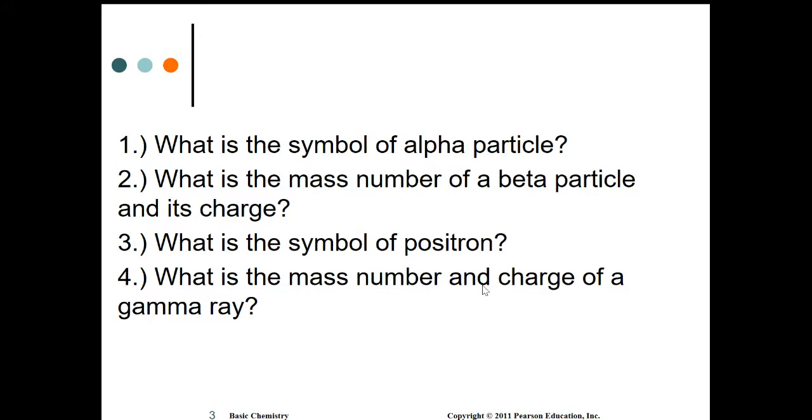The symbol of positron is kind of like that beta, but a different style, or you can just write letter e. The nuclear symbol would have the top as 0, and the bottom would be +1. What is the mass number and charge of gamma ray? The mass number and charge of gamma ray is 0 and 0.